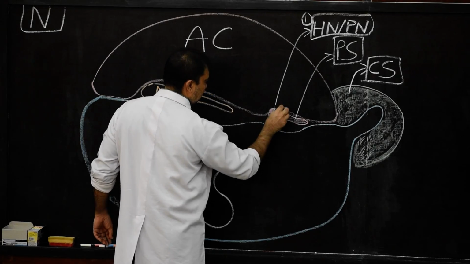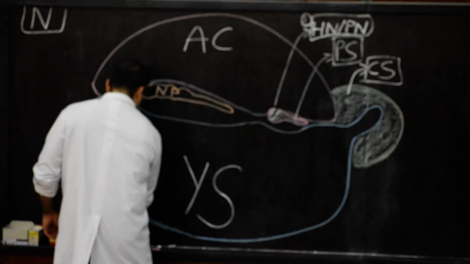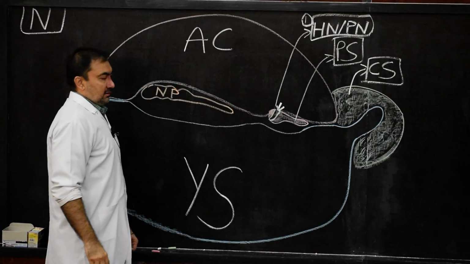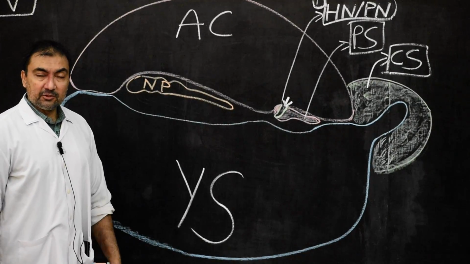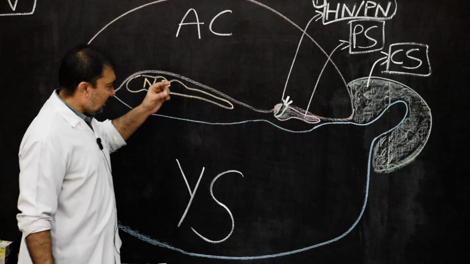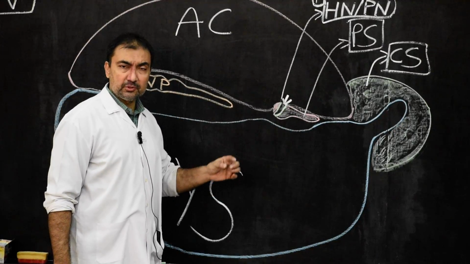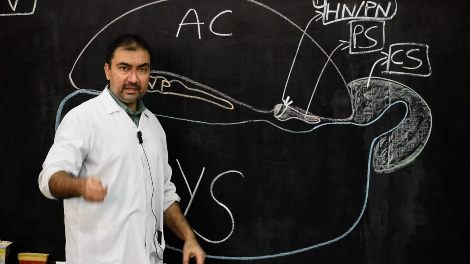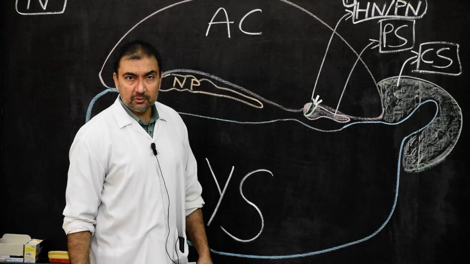So this is what the primitive pit will develop, and I will put an arrow here. This is the primitive pit. It resembles the blastopore in the lower animals. So there will be formation of a primitive pit, an opening in the primitive node or Hensen's node.